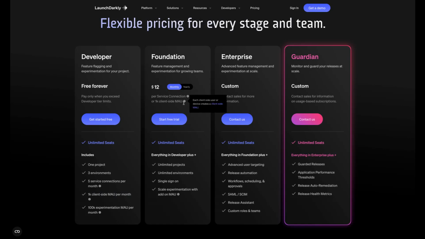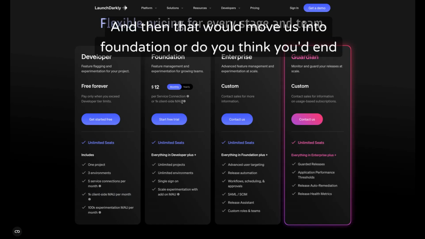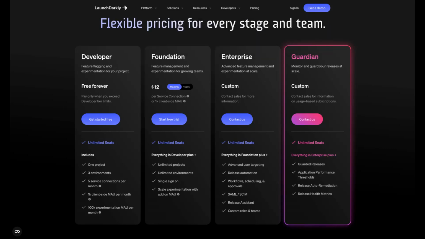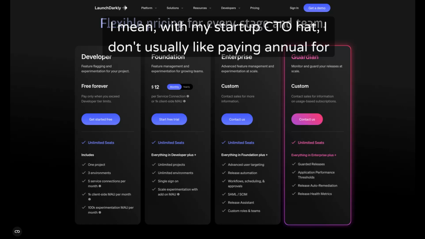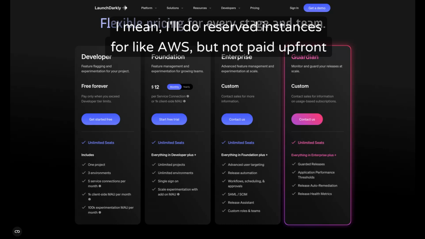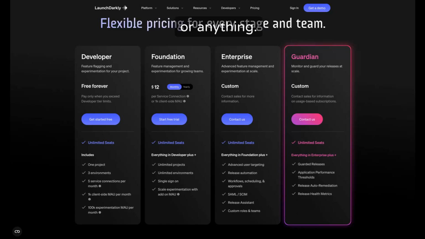Yep. And then that would move us into Foundation. Would you go Foundation monthly or Foundation yearly? With my startup CTO hat, I don't usually like paying annual for anything. I'll do reserved instances for AWS, but not paid up front or anything.